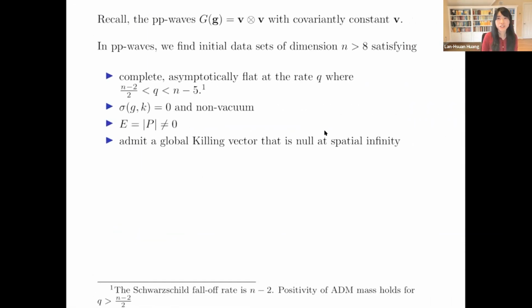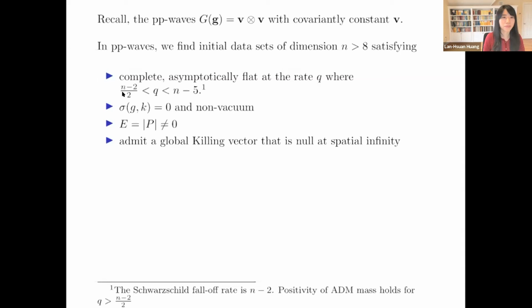It turns out there are counterexamples. The counterexamples are from the pp-waves I showed you earlier. These are examples to which our characterization applies. In those pp-wave spacetimes, we can find initial data sets of dimension, and here the dimension has to be high enough, greater than 8, which are complete and asymptotically flat with some rate, which I will not have time to talk about.